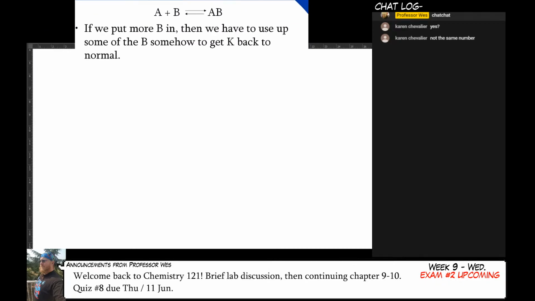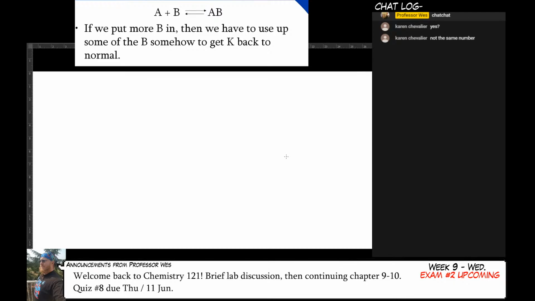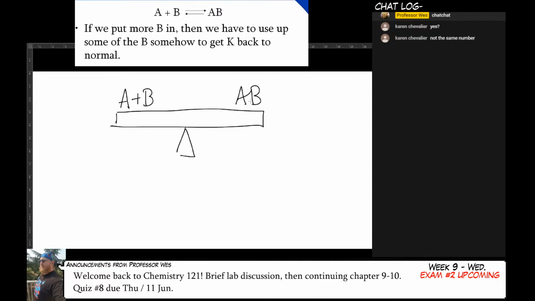I'll put this in the middle, and I'm going to make a little seesaw. So I have A plus B and AB, and my reaction is at equilibrium.